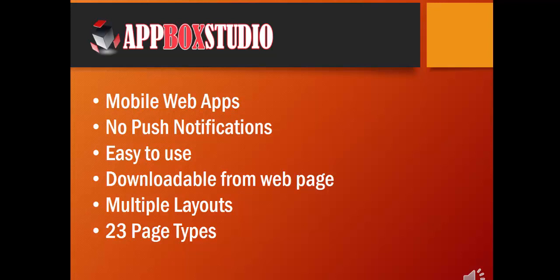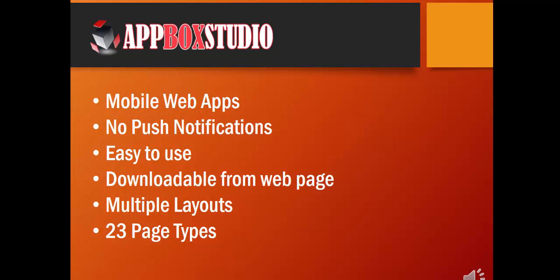However, some businesses actually prefer to have the apps downloadable from a web page, and they prefer to use other ways of contacting their clients, for example, SMS or email. And we use appboxstudio for businesses that don't want the native apps or can't afford the native apps.